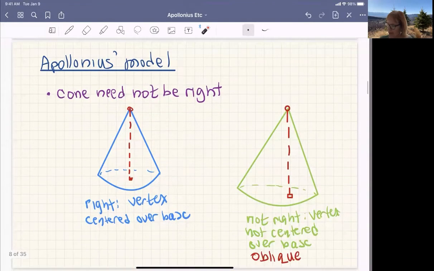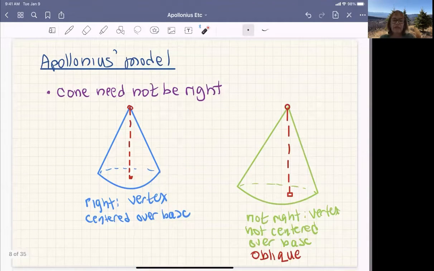So let's see what Apollonius did that was different. So first thing is, the cone need not be a right cone.